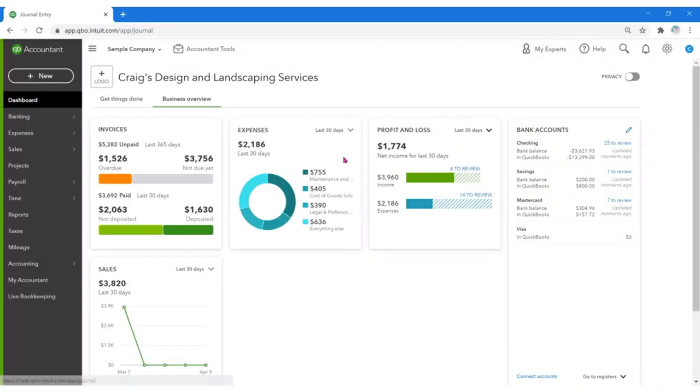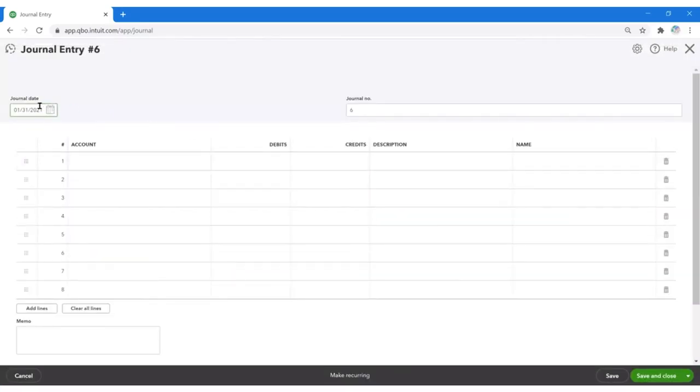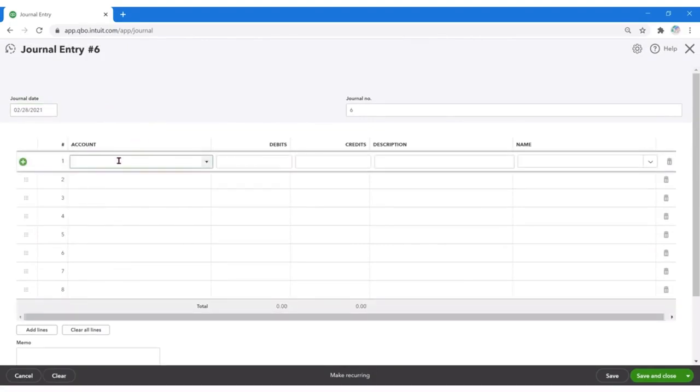journal entry. All right, these pieces of equipment were purchased on February 28th. The first thing that happened is money came out of the checking account. So I'm going to put in checking. And the money out for this first piece of equipment is $750,000 for the asset itself, and that's the mobile truck.